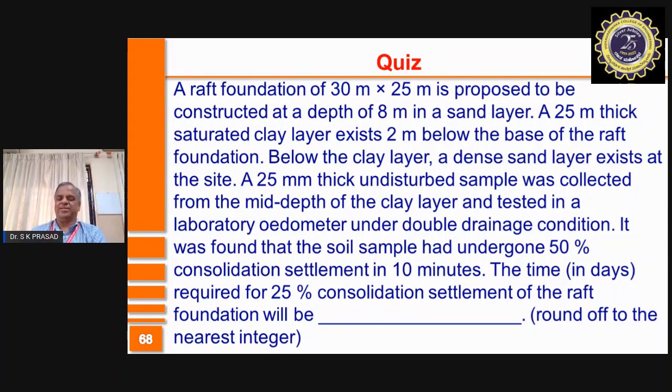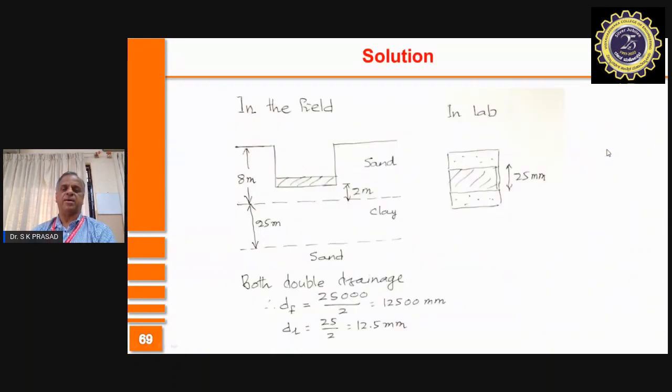So remember, this is quite tricky, and I believe my colleague Professor Chetan may deal with it. However, because it is related to settlement, let me try to solve this problem. In the field, you have 8 meters of sand. Below this, you have 25 meters of clay. Below this, you again have sand.